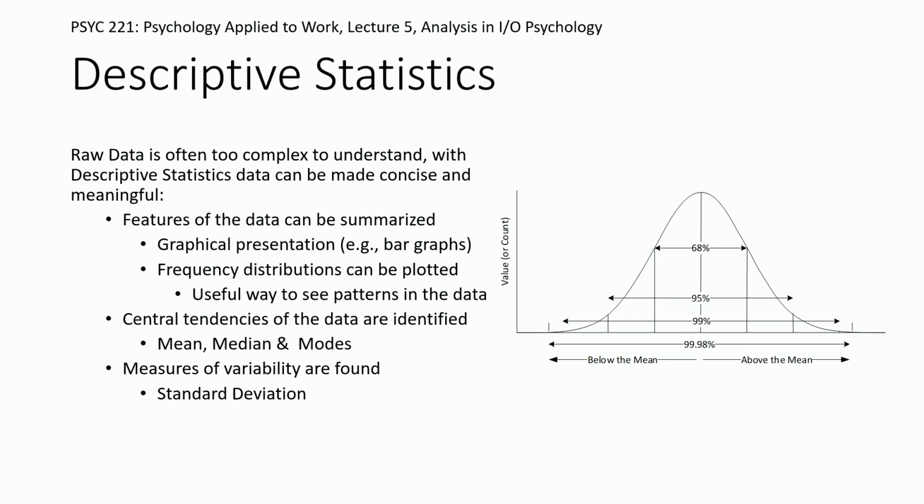Standard deviations will tell you what percentage of the data falls within a certain range, and so you can see that the 68, the 95, the 99, and the 99.98 are all the 1, 2, 3, and 4 standard deviation values.